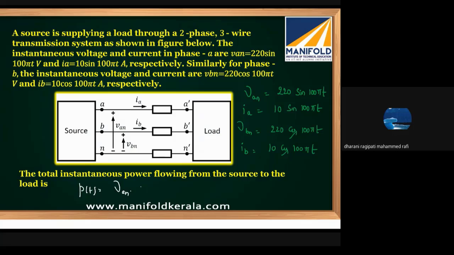Here in this case, VAN into IA plus VBN into IB. If you do this, you're going to get 2200 sine square 100 pi t plus 2200 cos square 100 pi t. So which value is 2200 watt? That is the answer.